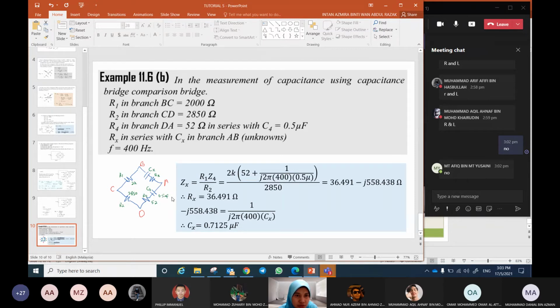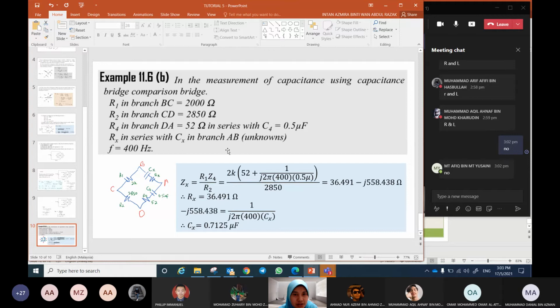R4 is equal to 52 ohm and C4 is equal to 0.5 microfarad. Rx in series with Cx in branch AB are the unknown parameters. Frequency is given as 400 Hz.